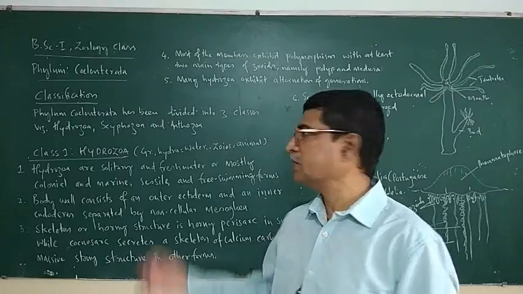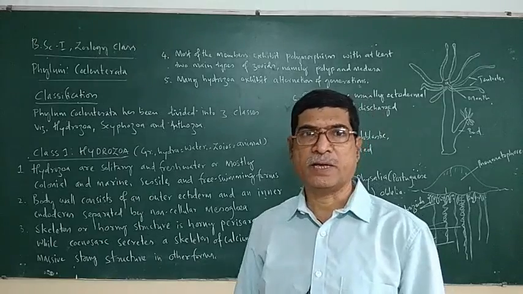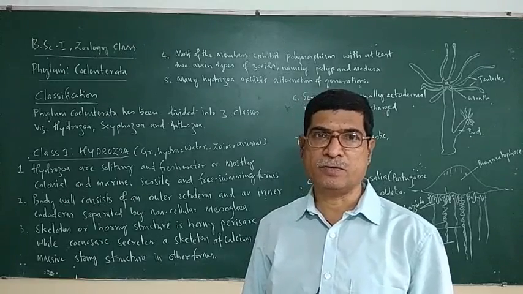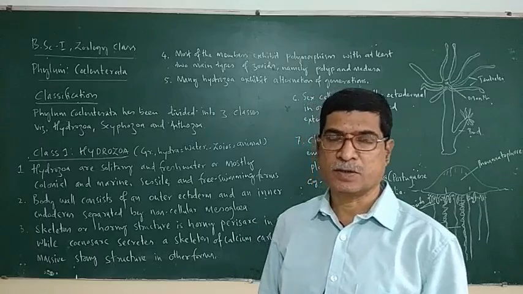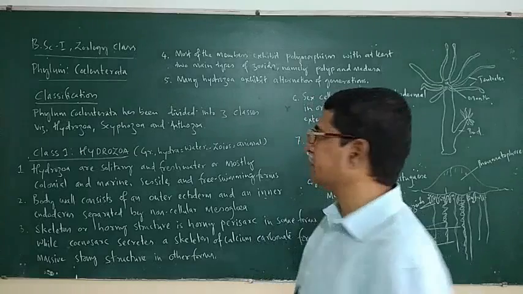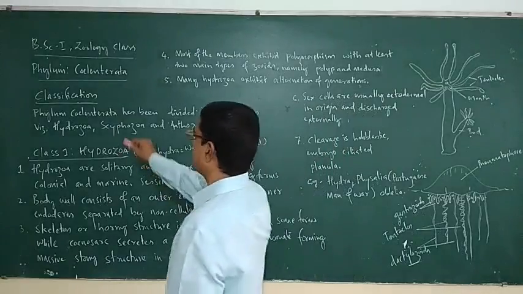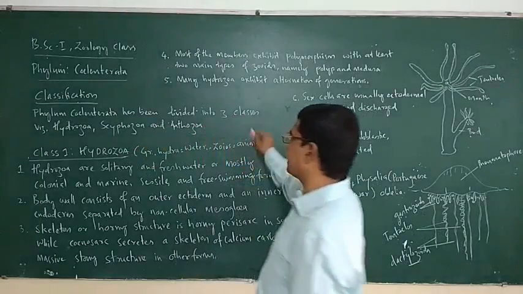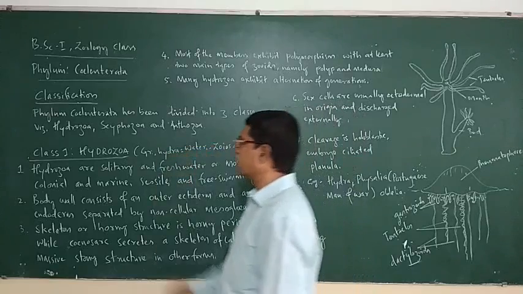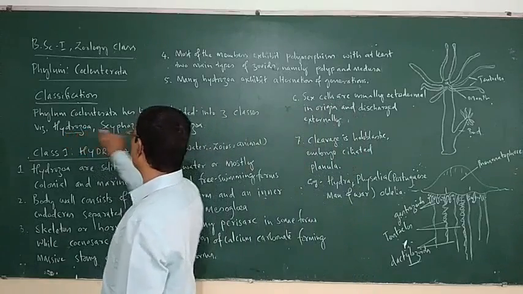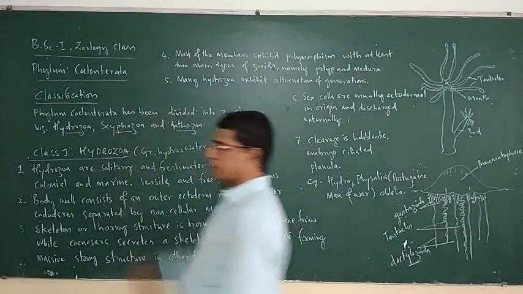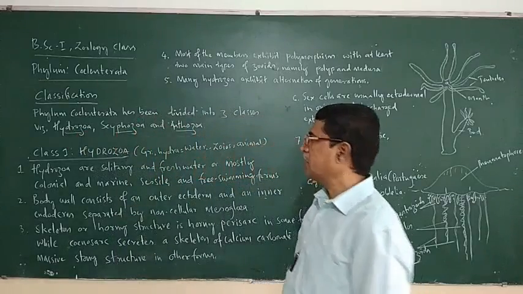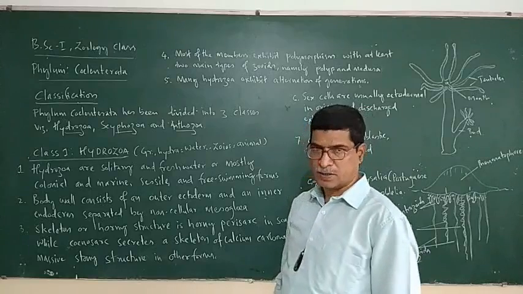So the next one is classification. The phylum Coelenterata has been divided into three classes. How many classes? Three classes, such as Hydrozoa, Scyphozoa and Anthozoa.